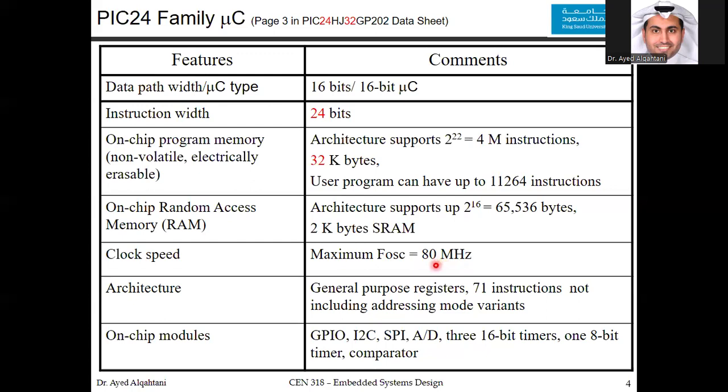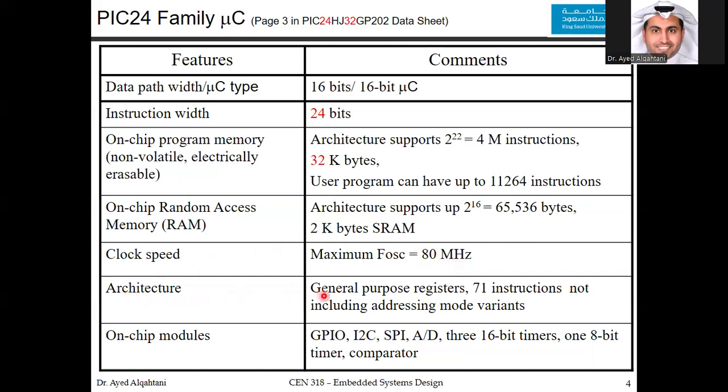So usually we don't need very high frequency, for example, for a remote that's controlling a TV, or for a system that's basically part of a toy. This is why we don't really need high frequencies.